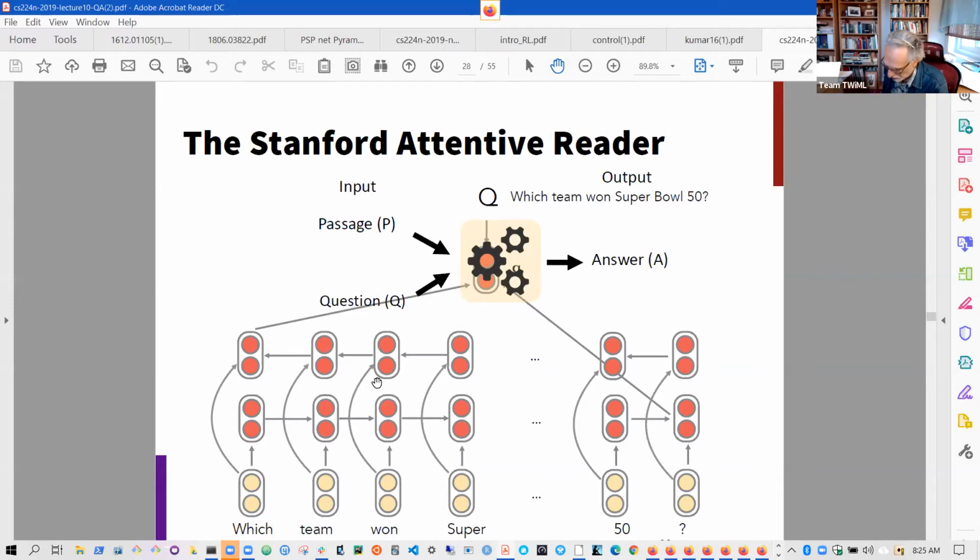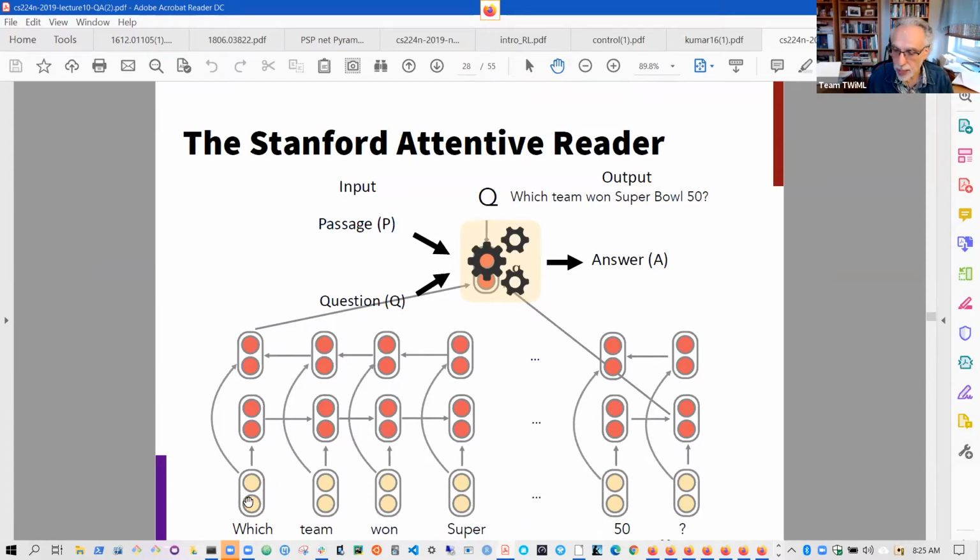So they give sort of a schematic of this. And this thing here is a bidirectional LSTM. So there's one LSTM going backwards and one LSTM going forward. And these are the words of the question.